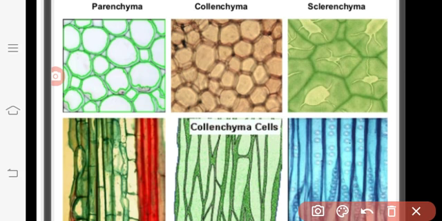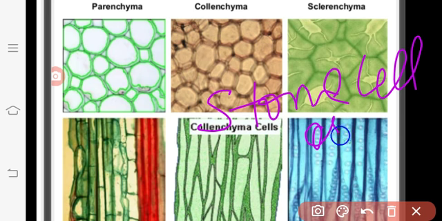Sclereids are short, broad and highly thick-walled sclerenchyma cells which occur singly or in small groups. These are called stone cells. इनको क्या बोलते हैं? Stone cells बोलते हैं. Or grit cells.